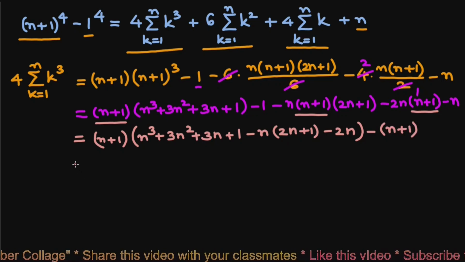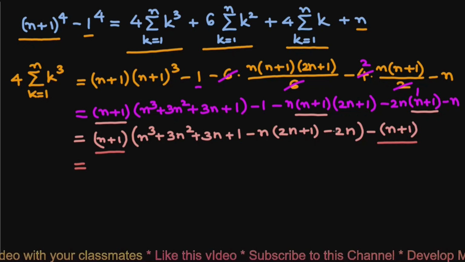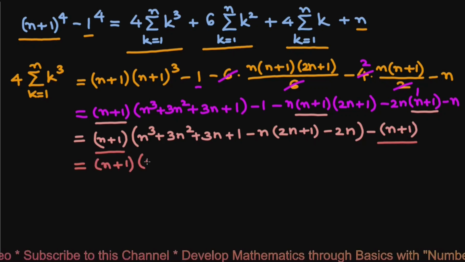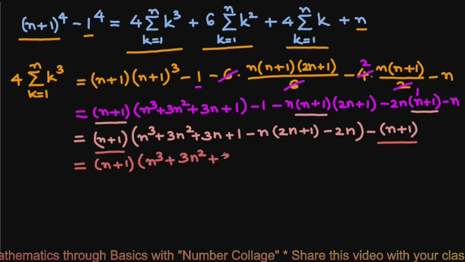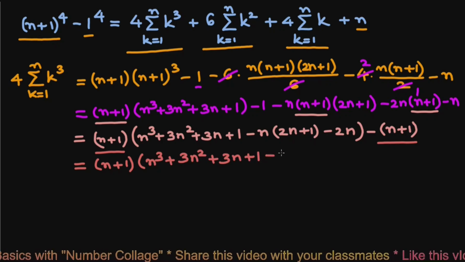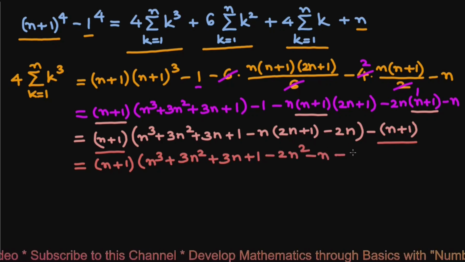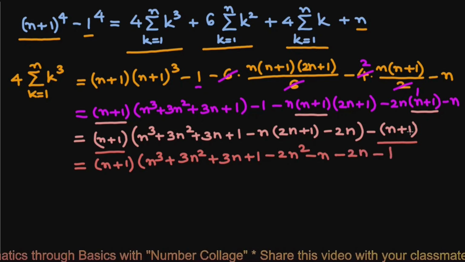Now we will again take this (n+1) common from these two terms and write (n+1) into n cube plus 3n squared plus 3n plus 1 minus 2n squared minus n minus 2n and minus 1 for this (n+1).